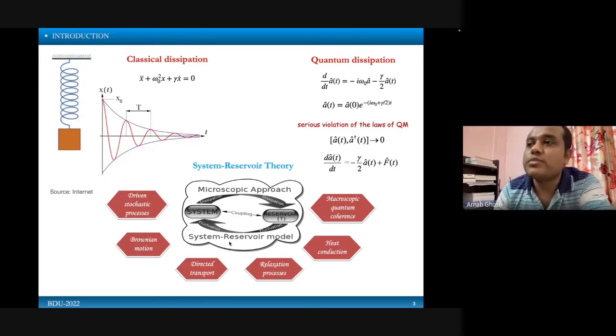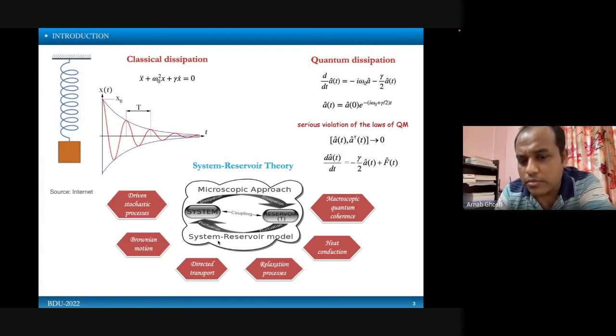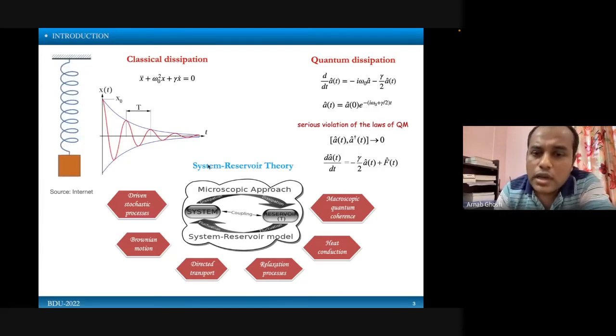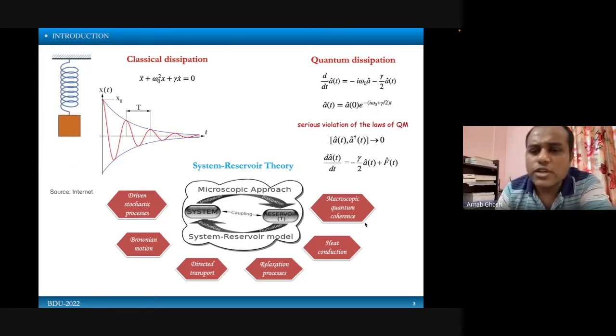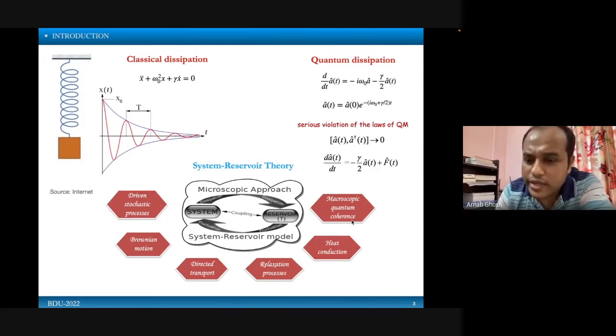So this system-reservoir model is a very powerful and very popular treatment for understanding a wide variety of topics, ranging from macroscopic quantum coherence, heat conduction, relaxation processes, directed transport, Brownian motion, stochastic processes, and so on.